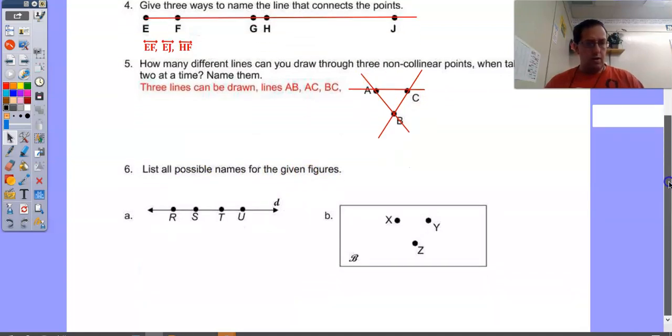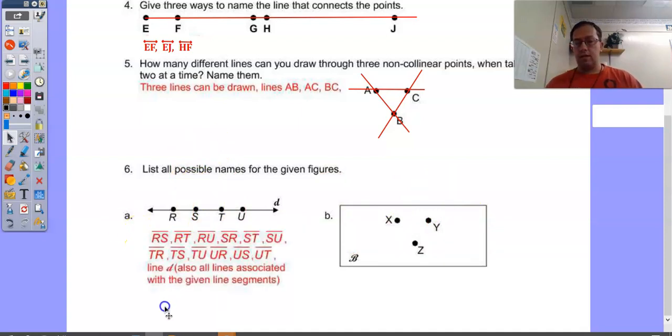So down here, I would like you to pause the video one last time and name this line, and name this plane in as many different ways as possible. All right, so let's take a look at the line. There's a lot of names for that line, aren't there? Line RS, line RT, line RU, line ST, line TS, all of these different names.